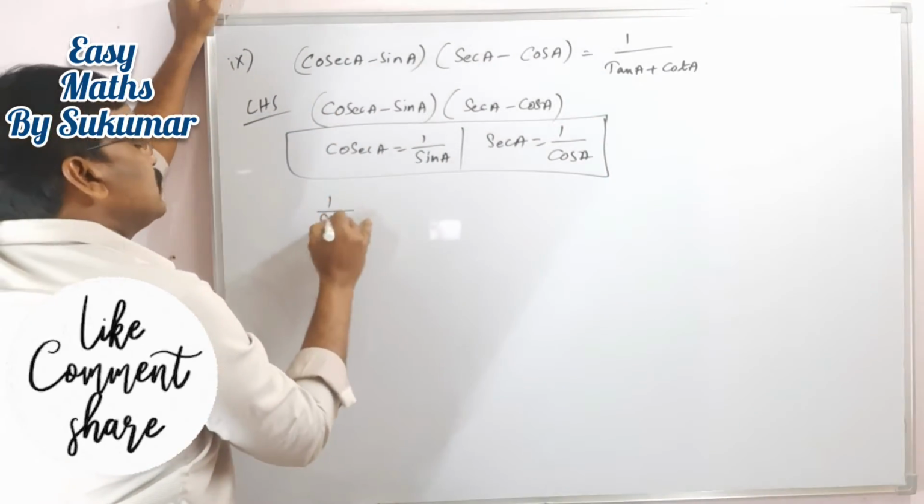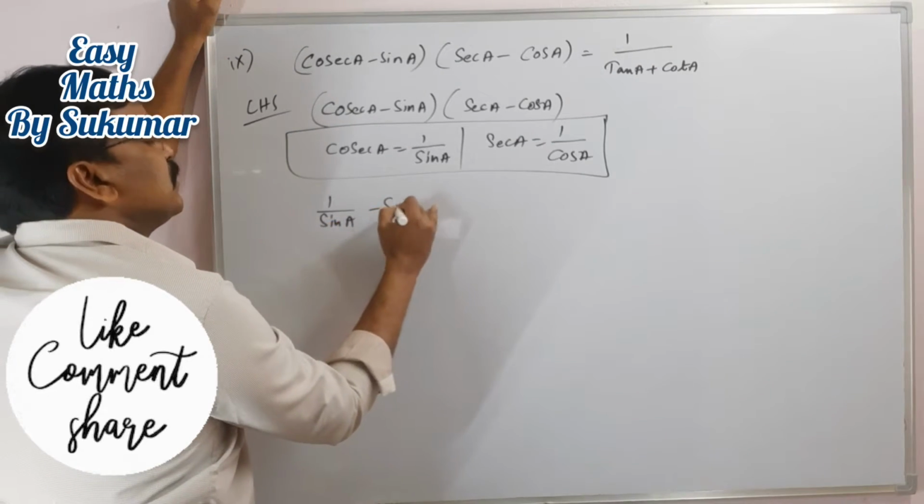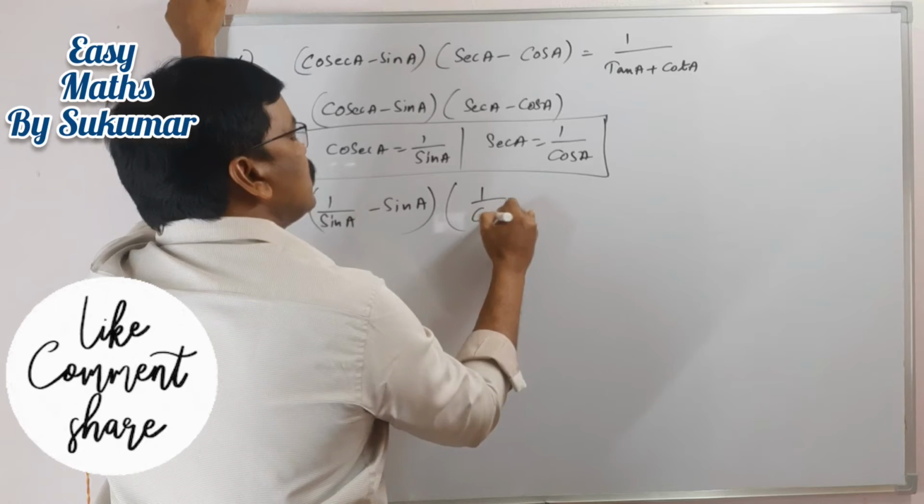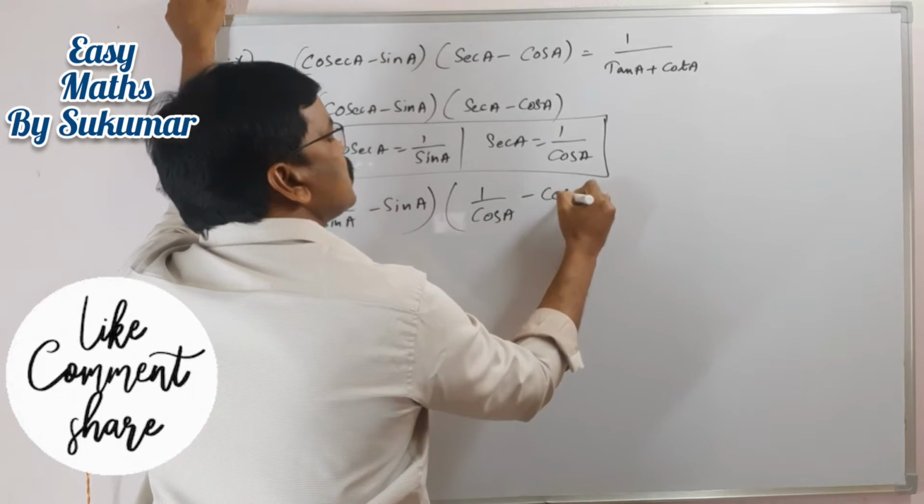Cosecant means 1 by sin A minus sin A, and secant means 1 by cos A minus cos A.